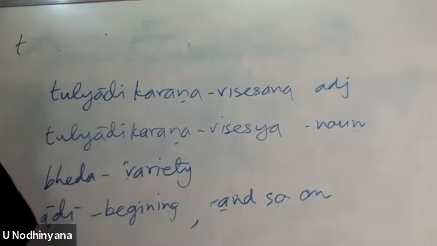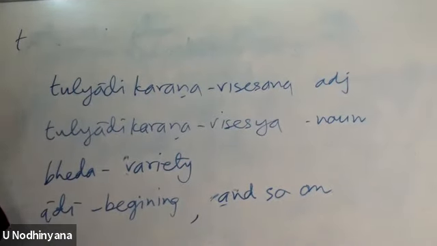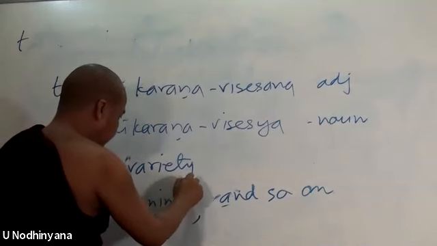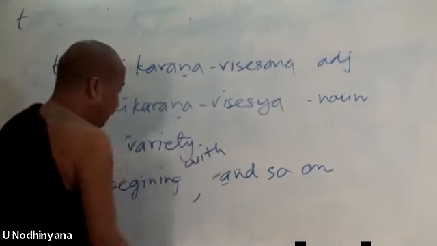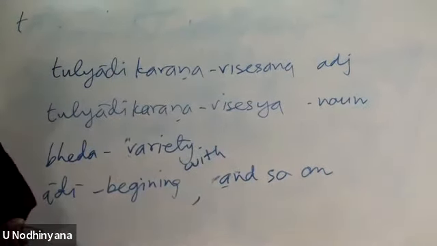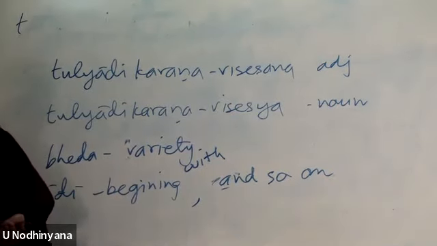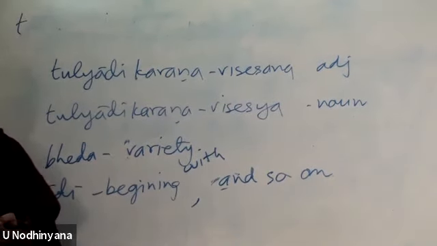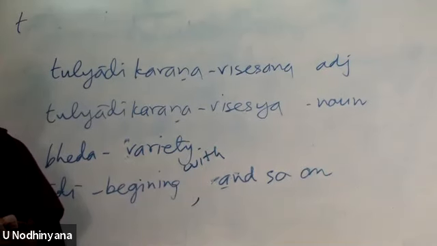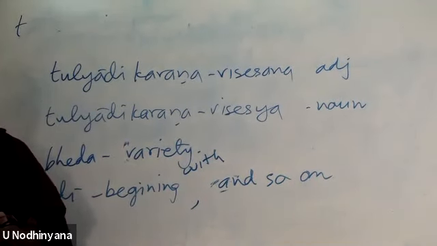And so, beginning with Chatu Bhumika Chaitanya. Chatu Bhumika Chaitanya is the consciousness of 4 planes.